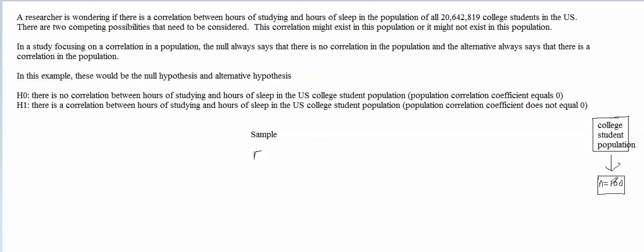The value that we would calculate for our sample correlation is called R. It measures whether our correlation in our sample is positive or negative and how strong it is. In the center we have 0.